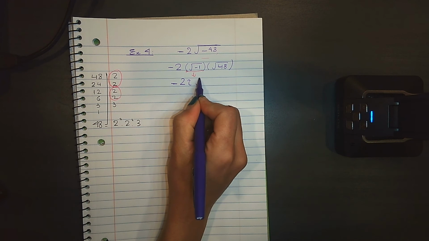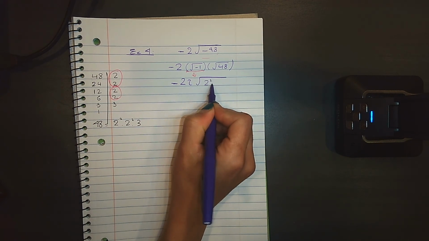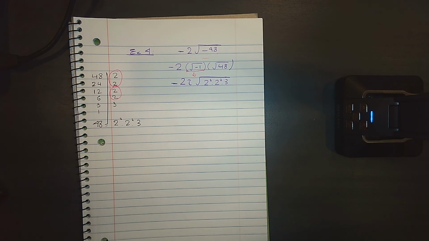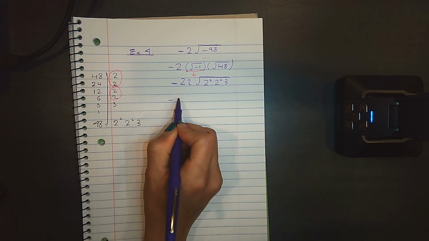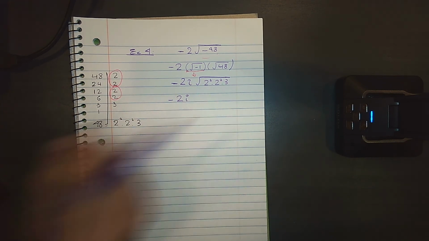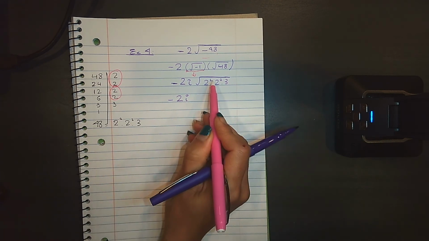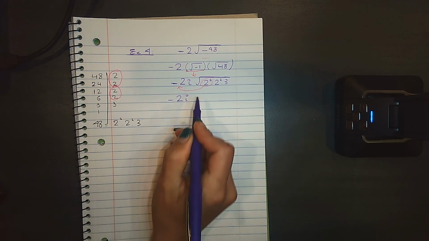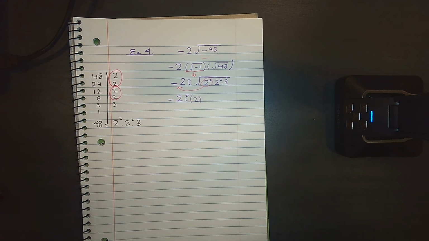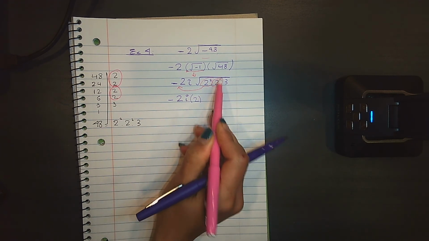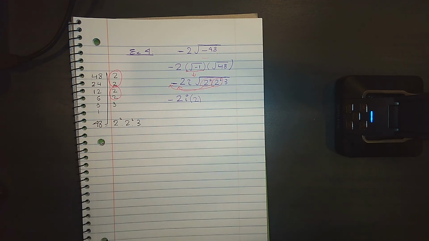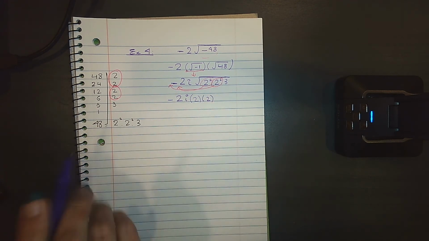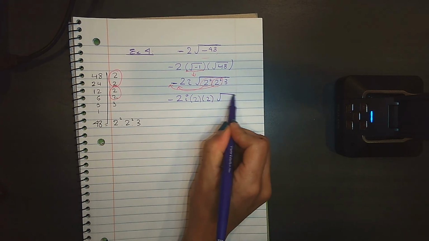And then this one is going to be 2 squared times 2 squared times 3. Okay, so now I'm going to drop it down, negative 2i. This is going to go outside the radical as 2. This will go outside the radical as another 2.